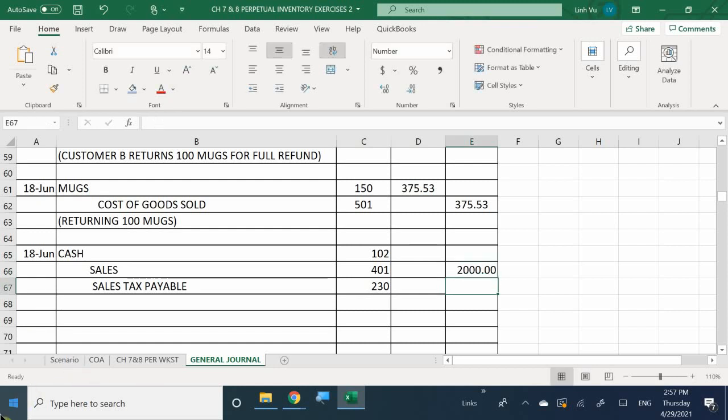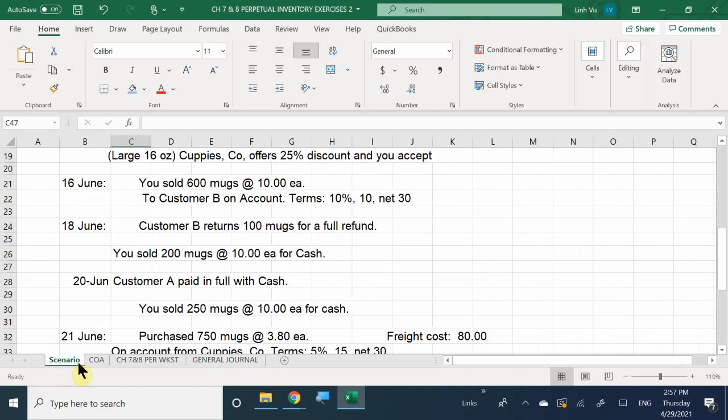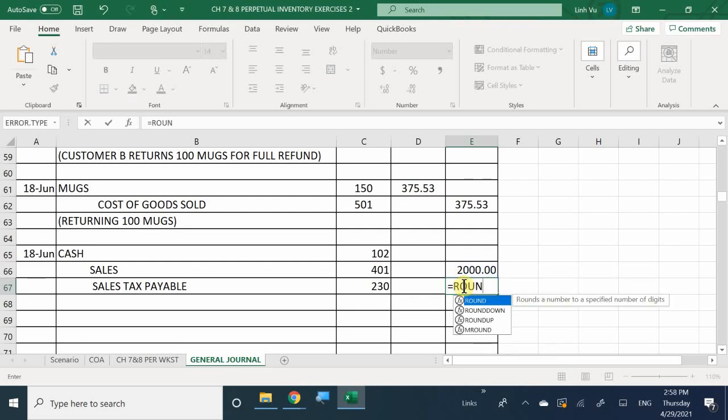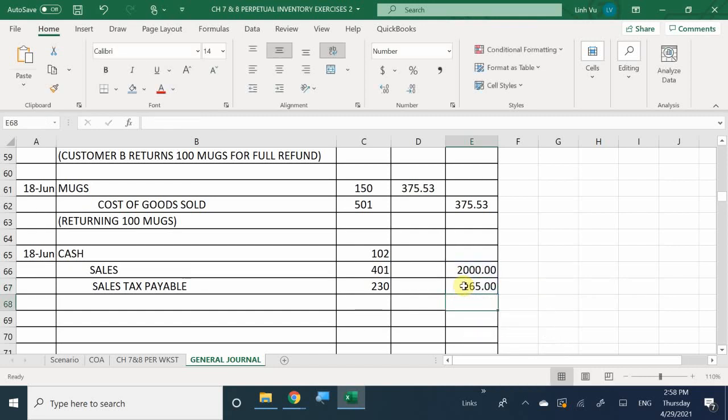At $10. Let's double check. $10, okay? So that's how much I sold. I sold a total of $2,000, okay? And let's go ahead and confirm what is going to be the tax that I will charge. 165, good.